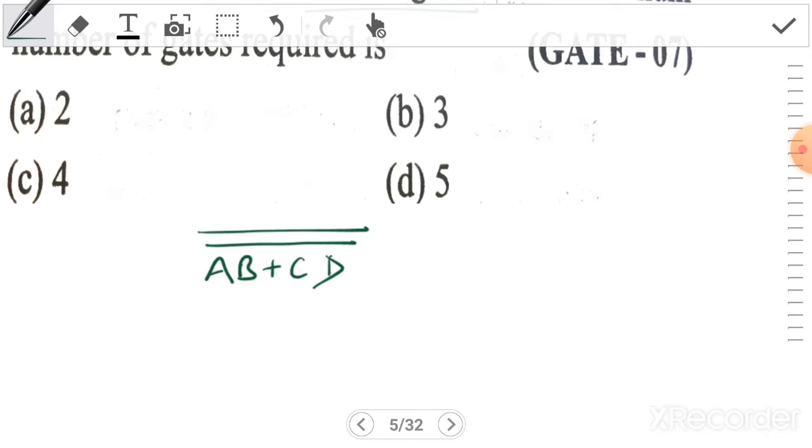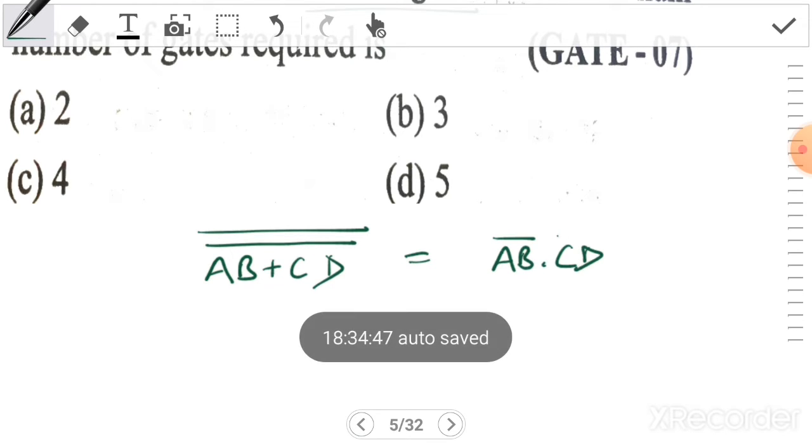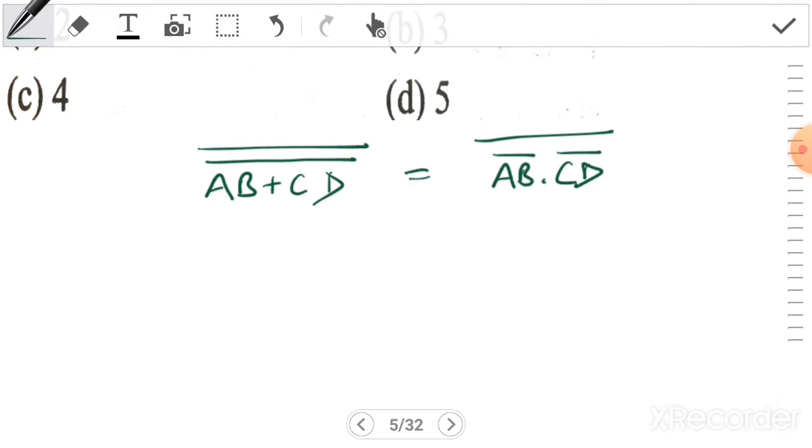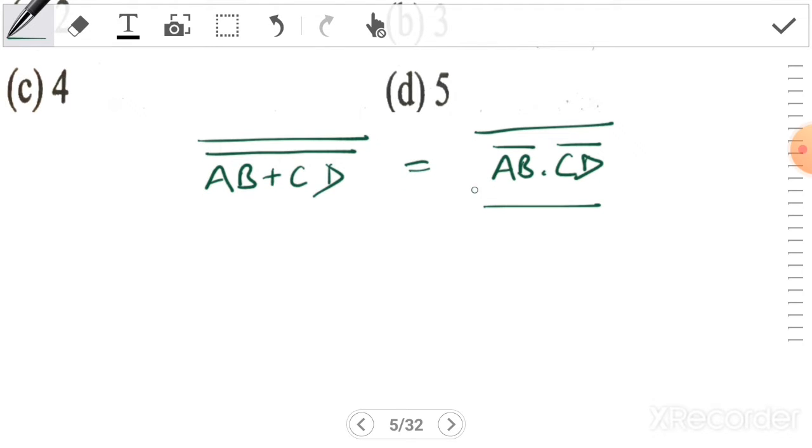Now from De Morgan's law, we can write this as (AB complement dot CD complement) whole complement. So now we have used only NAND gates. We need only NAND gates from this expression.